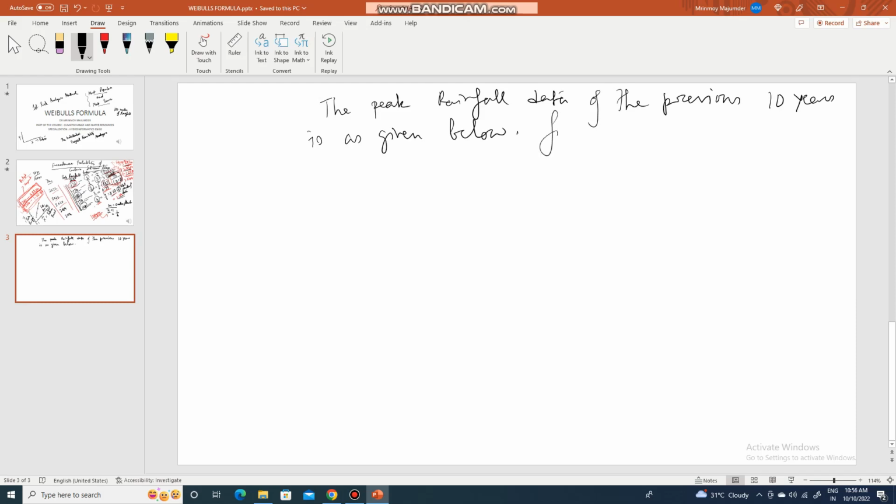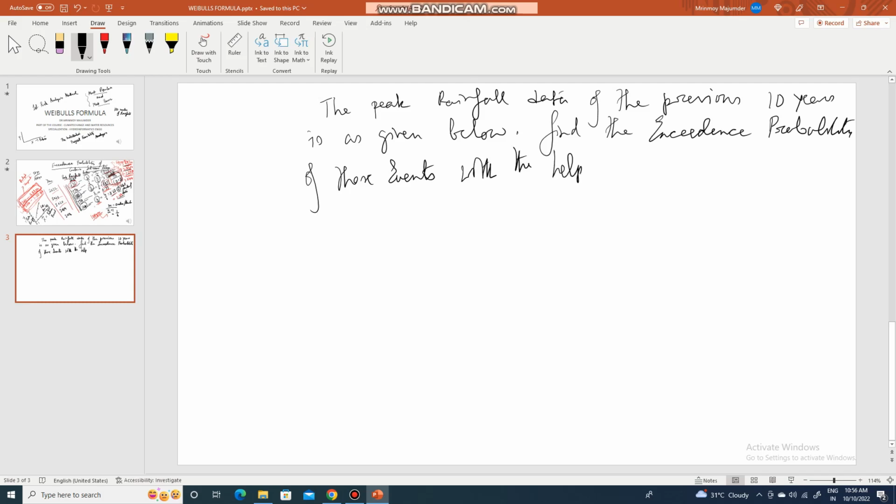Okay. The question would be, find the exceedance probability of those events with the help of Weibull's formula. Now, in case this is the problem given, then you will just follow the previous method.